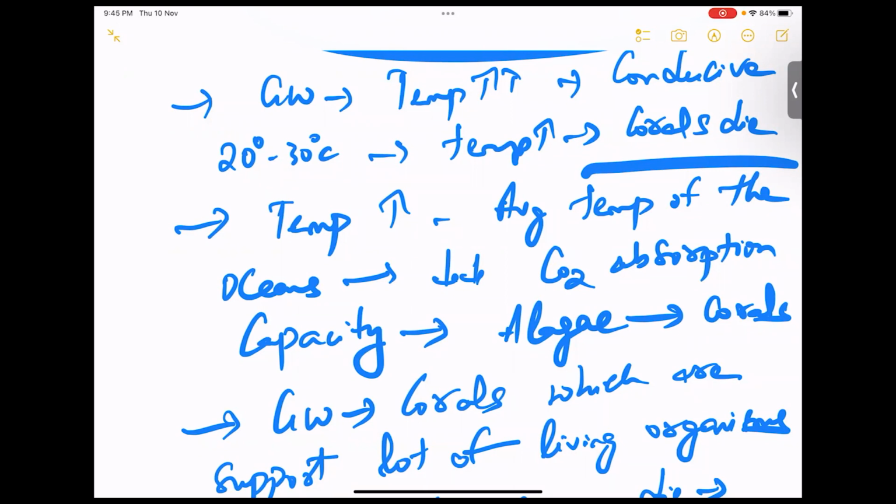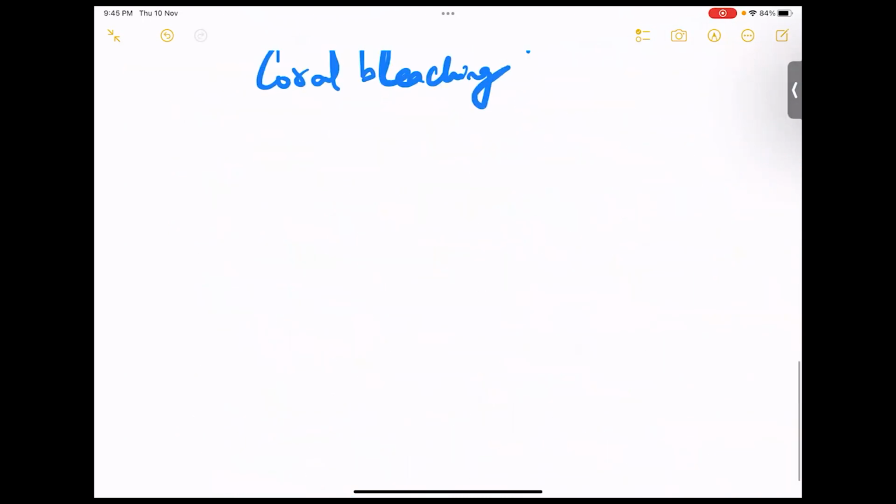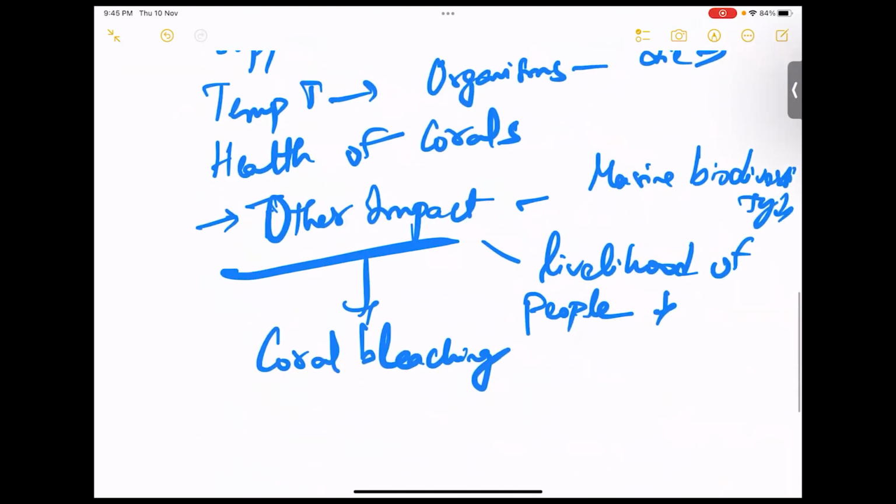Correct, this is correct. A warmer ocean will dissolve less CO2, thus keeping more CO2 in the atmosphere. Not a problem. So this is coral bleaching.